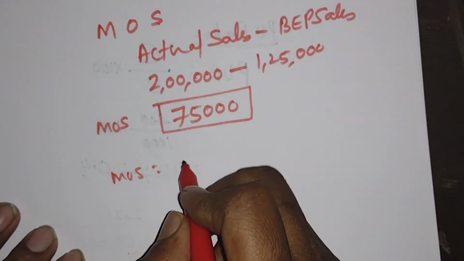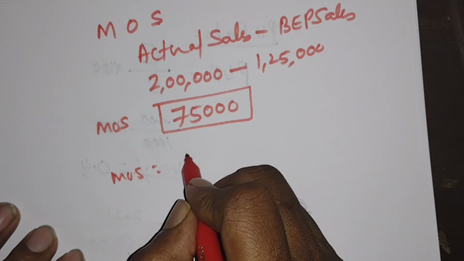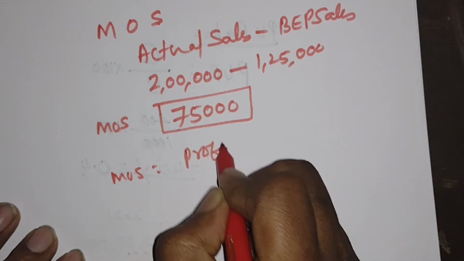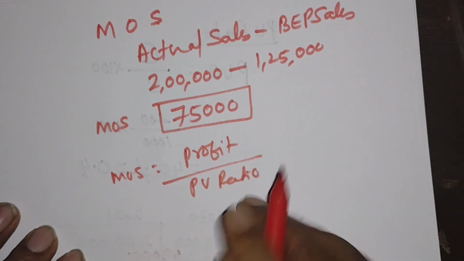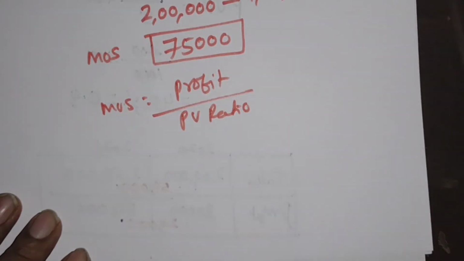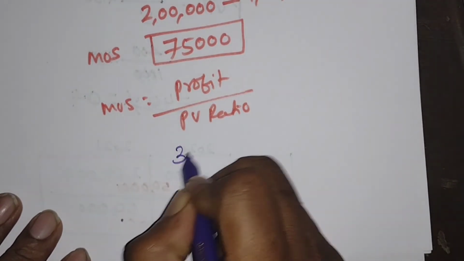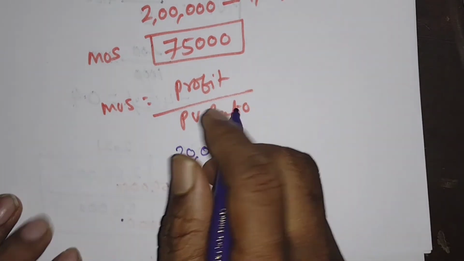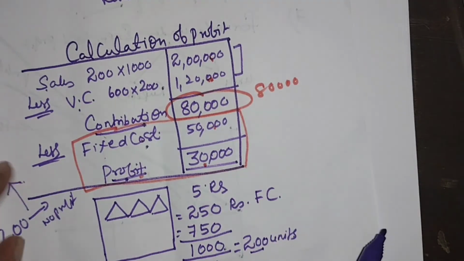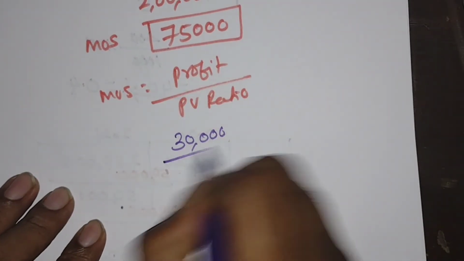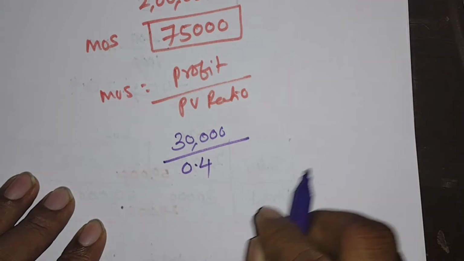Margin of safety is equal to profit divided by PV ratio. The profit I got here is 30,000, and my PV ratio is 0.4.